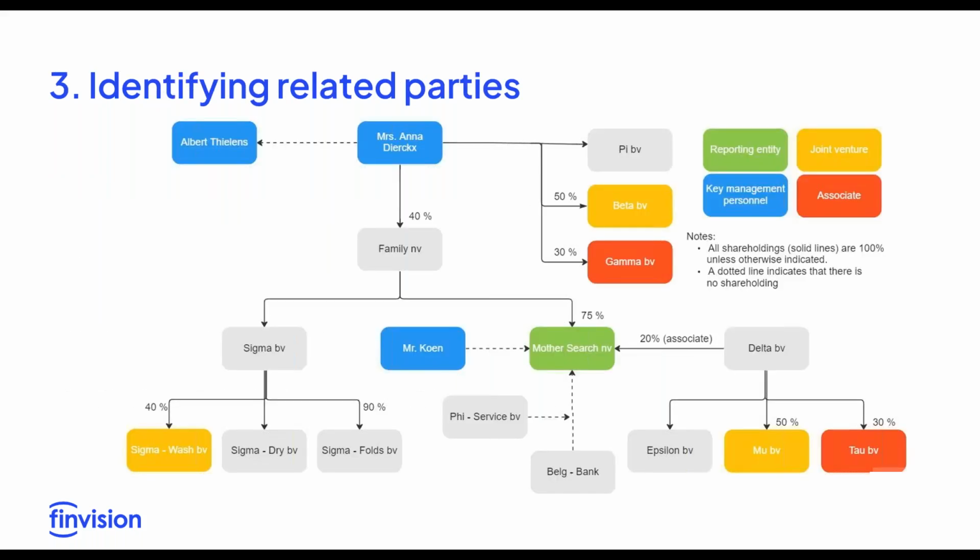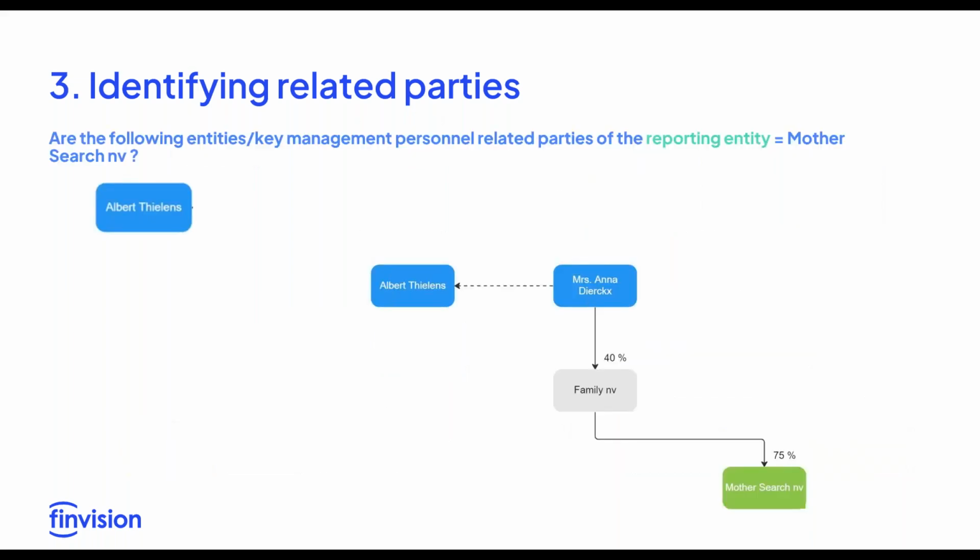Then I show again the group structure, but I assume that most of you already have it open in the separate file. We will now have a look at some practical examples with respect to the key management personnel and close family members. The question here is Albert Tillens in this case, and you see part of the structure already on the screen. Is he key management personnel?